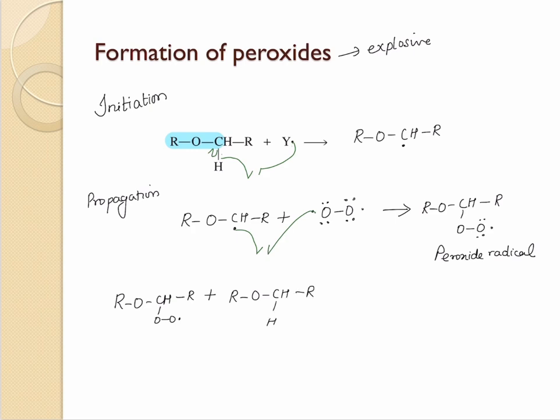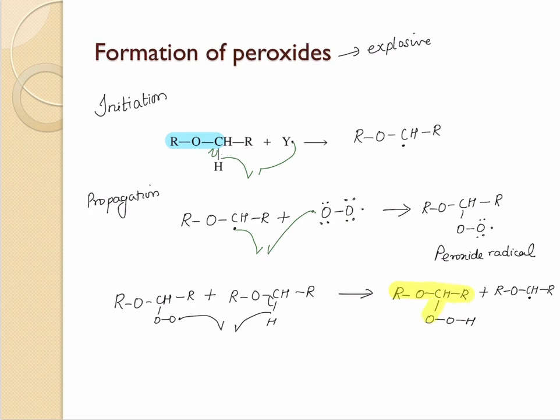So again, this is your alpha hydrogen, and it will basically try to form a bond between oxygen and hydrogen, and the electrons in here are going to go onto the carbon, thereby forming the peroxide and the radical which is generated in the first step.